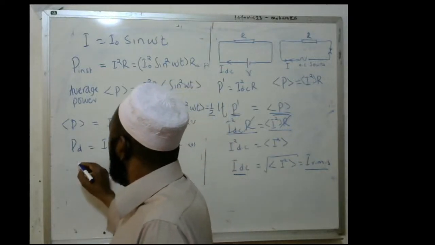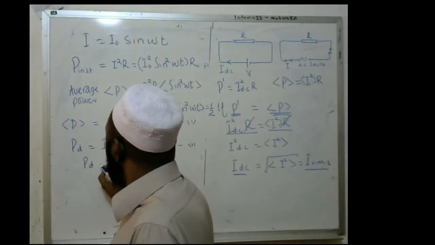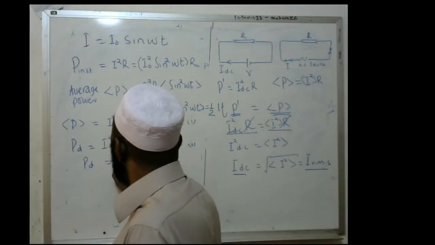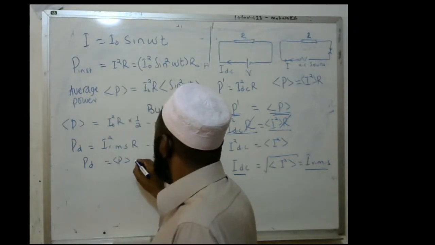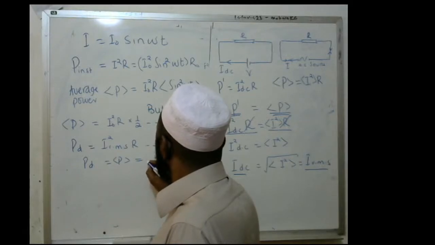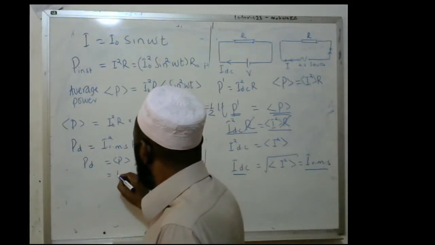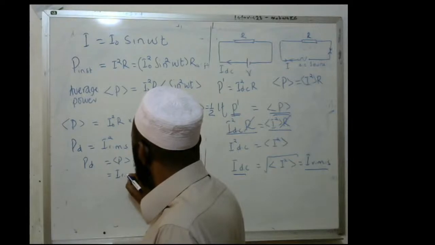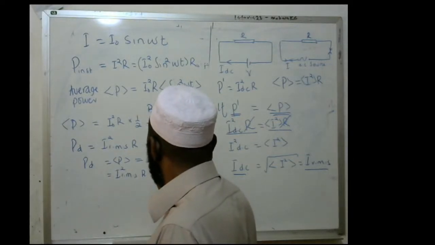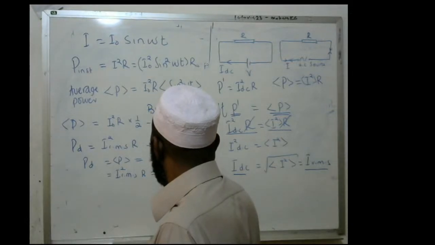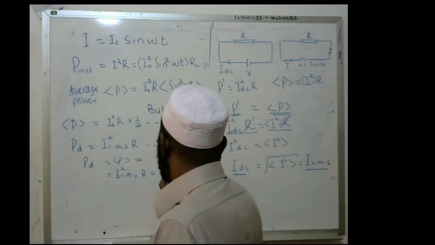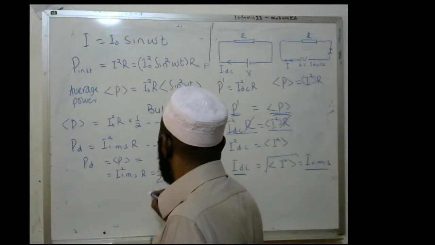These two are equal, and that will imply I RMS squared R is equal to I naught squared R times a half.